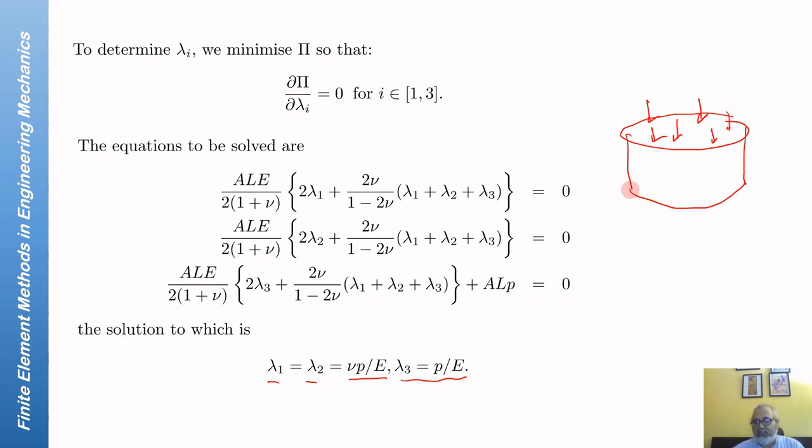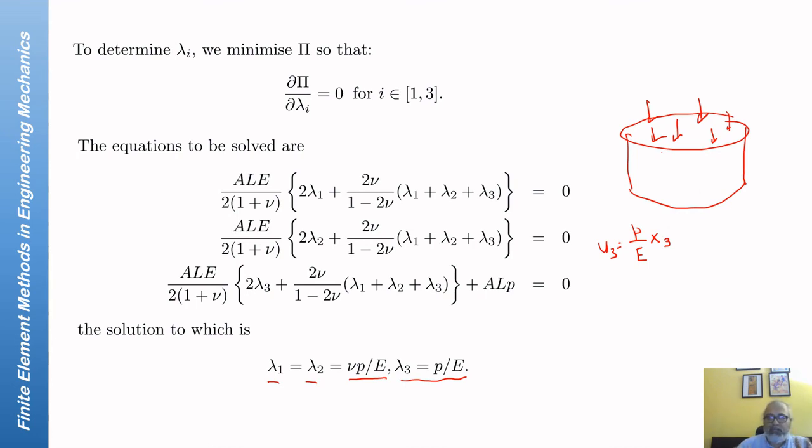So the displacement in the 3 direction comes out to be U3 equal to P by E x3, and U1 and U2 are equal and are equal to nu P by E. So this shows that this cylinder, when you press it from the top, gets shorter, and at the same time it expands in the x1 x2 direction.